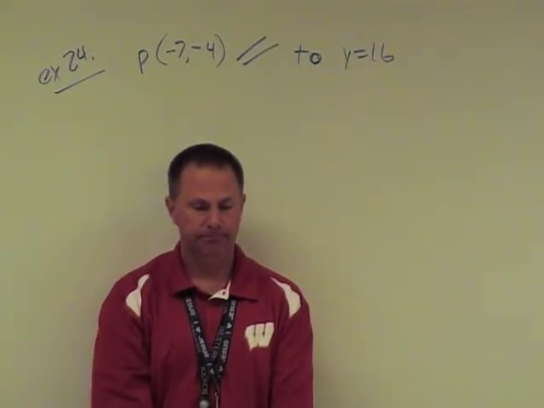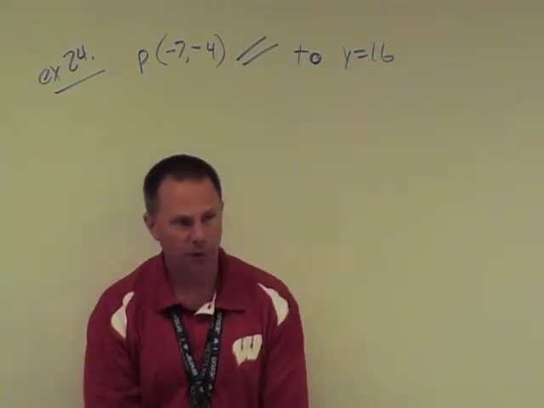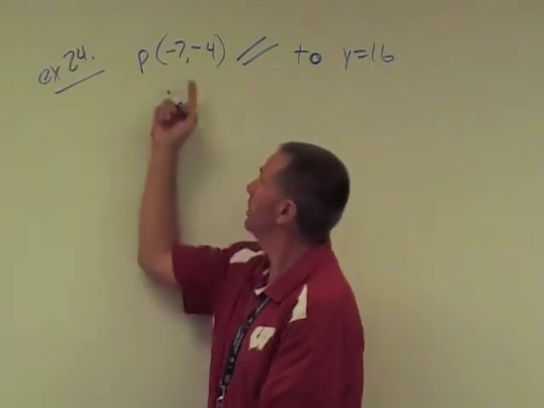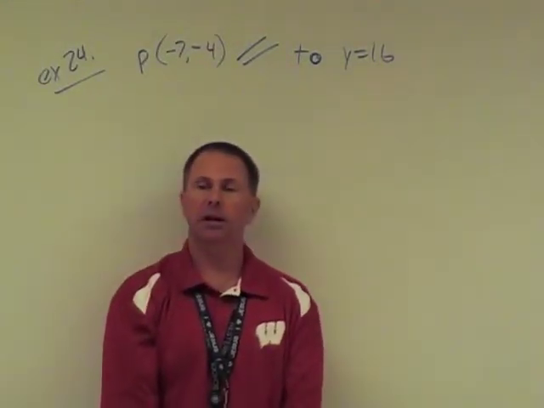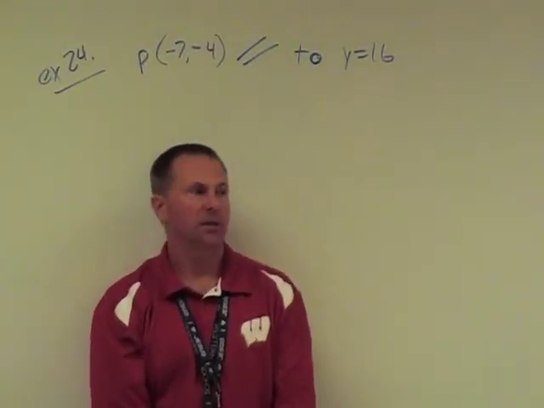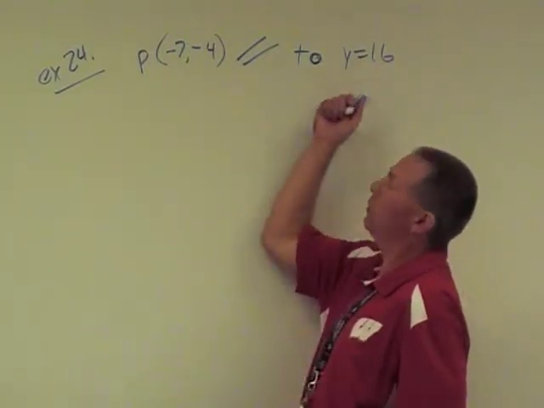The point is -7, -4. I want a parallel line that goes through that point that's parallel to y equals 16.